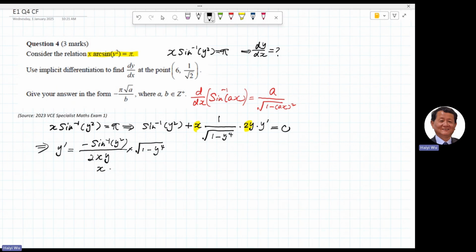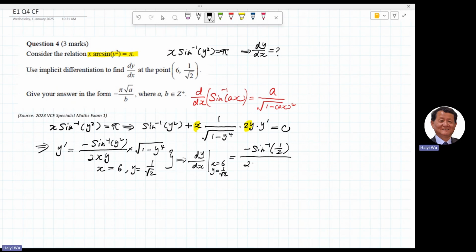Now we substitute the point: x is 6, and y is 1 over square root 2. Substituting into dy/dx, we get sine inverse of y squared, which is 1 over square root 2 squared, becoming a half.